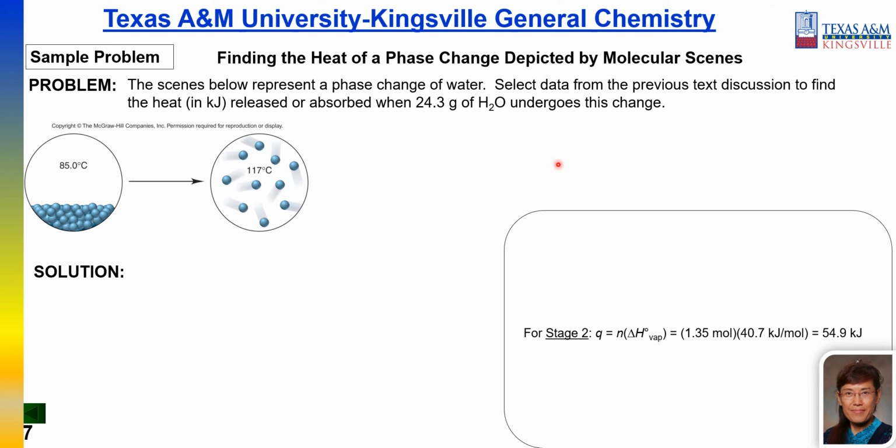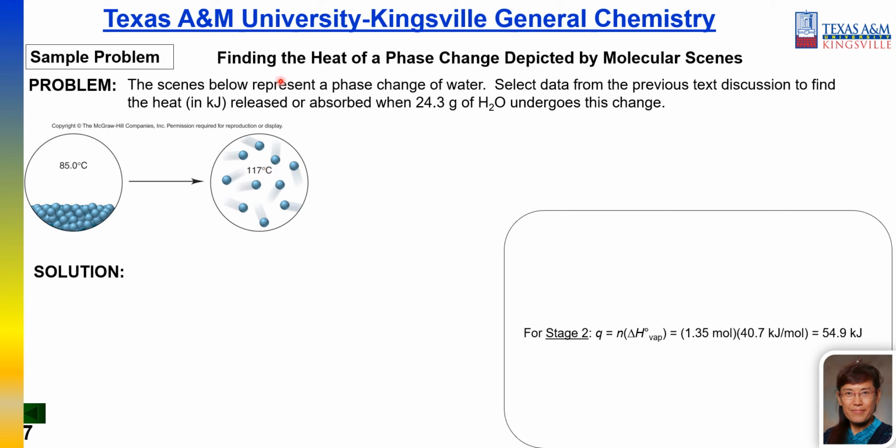So we are going to show you one example. For example, we have a question. We want to calculate how much heat is needed to increase the temperature of your liquid water from 85 Celsius to 117 Celsius.